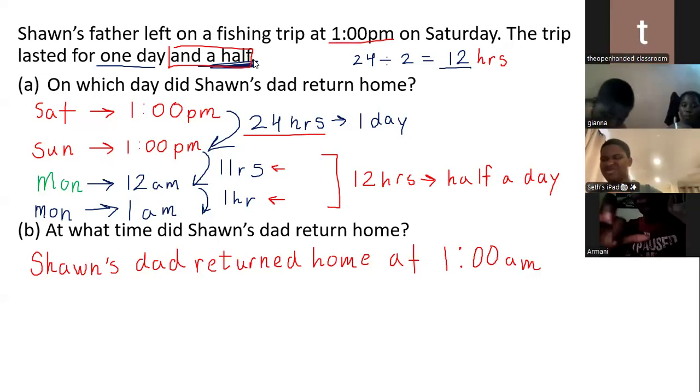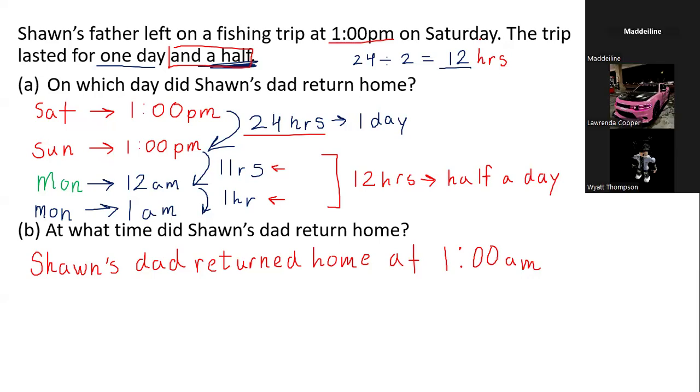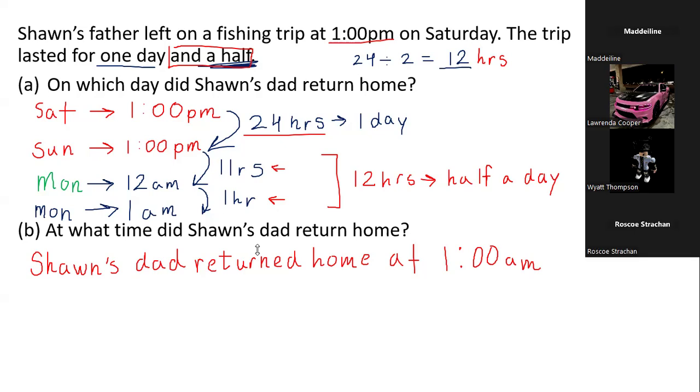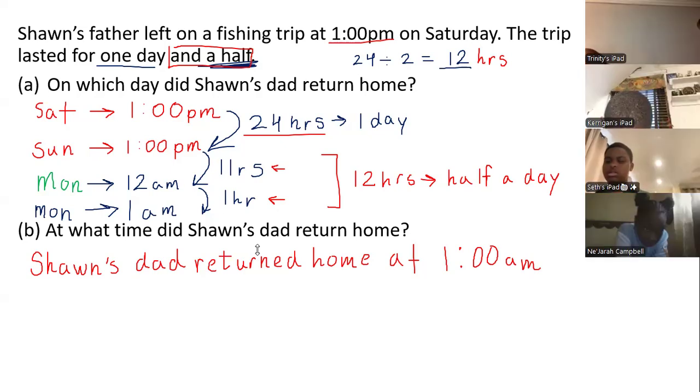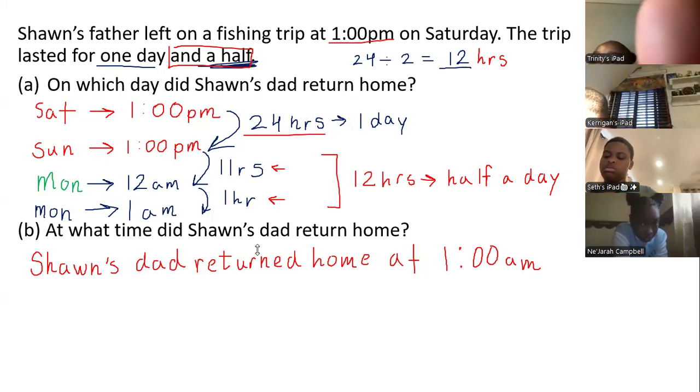What is his name? Wyatt, do you understand how I got my answer? No, sir. You said no. Yes, sir. You said no, you don't understand? Brianna said she didn't understand. Yeah, I heard you.